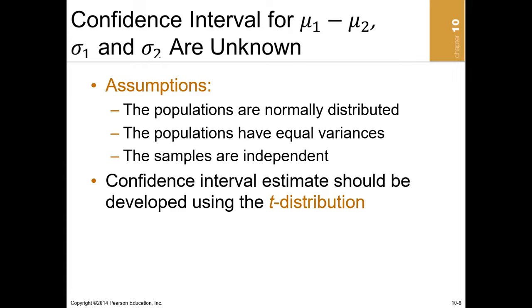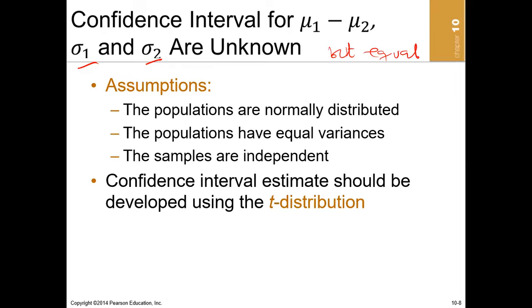The populations have equal variances. That means that they have equal standard deviation, although it is unknown, all right? So here, let me add that confidence interval for the difference between two population means when the population standard deviations are unknown, but they are equal.